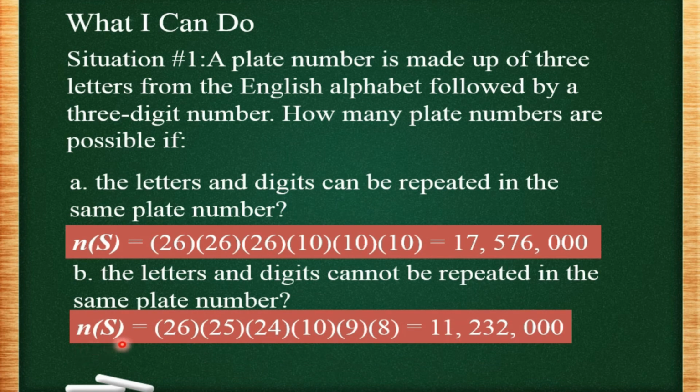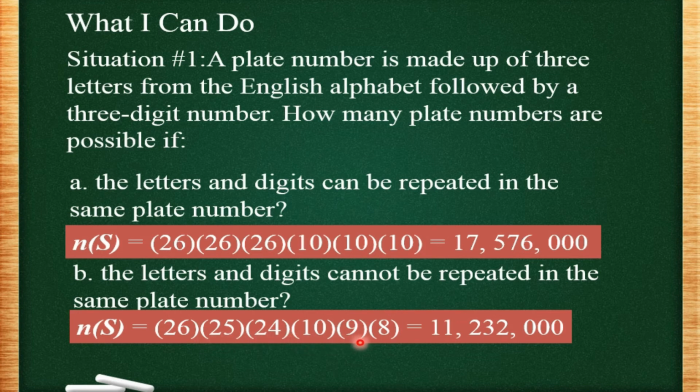Our N of S would now be equal to 26 for the first letter, because you have not taken out 1 yet. Then 25 because you have to remove what you have considered in the first letter already. Now in the third letter, you remove from the sample space what you have taken out for the first and second letter. Therefore, you have 24.